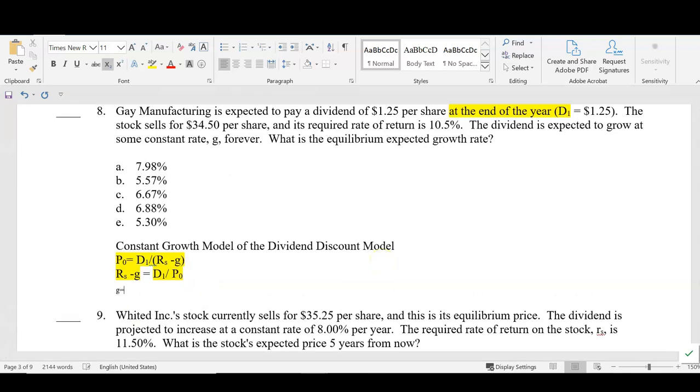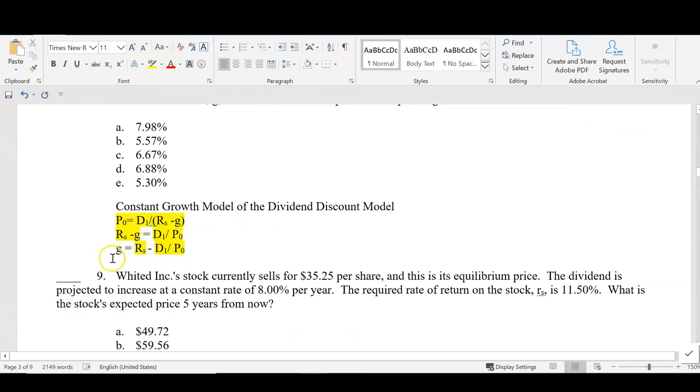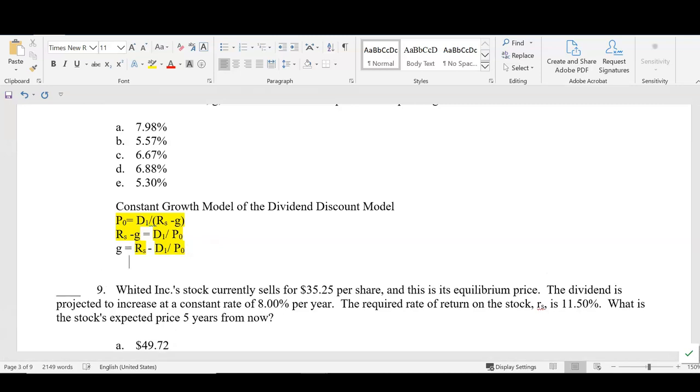Then G becomes RS minus D1 over P0. So we have our formula here. Now we just need to plug numbers in.